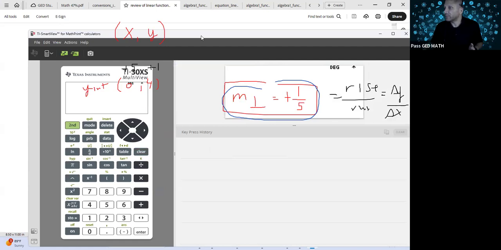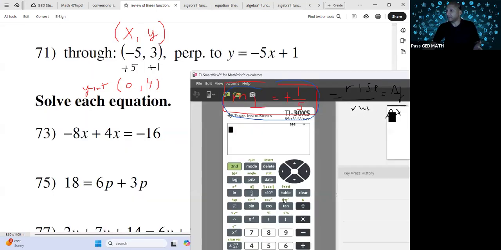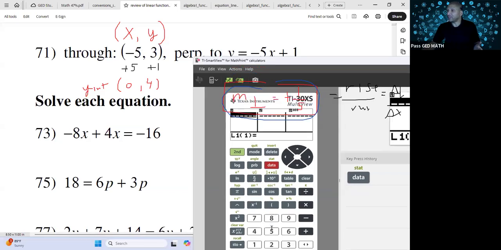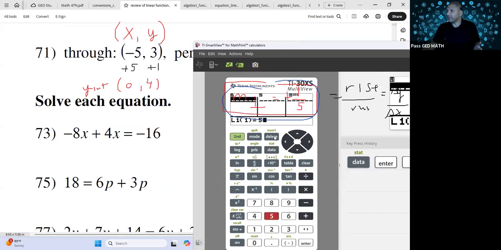So, Mr. Tinsley told me hit data. I'm gonna put my x's in first. -5 and 0. Let me clear the screen. I can't see it, and if I can't see it, you can't see it.